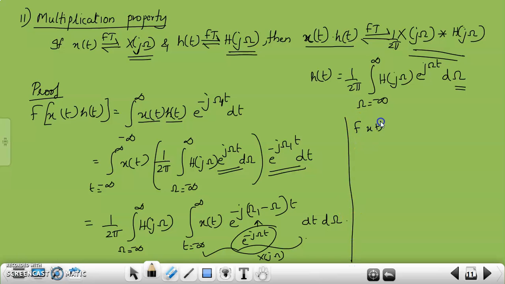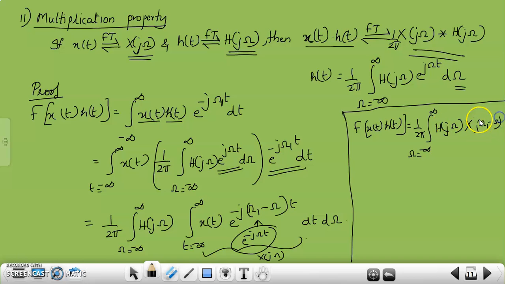So I can write this equation as the Fourier transform of x of t, h of t equivalent to 1 by 2 pi integral from minus infinity to infinity over omega of H of j omega into X of j (omega 1 minus omega) d omega. This equation is of the form of the integral of x of tau h of t minus tau d tau.